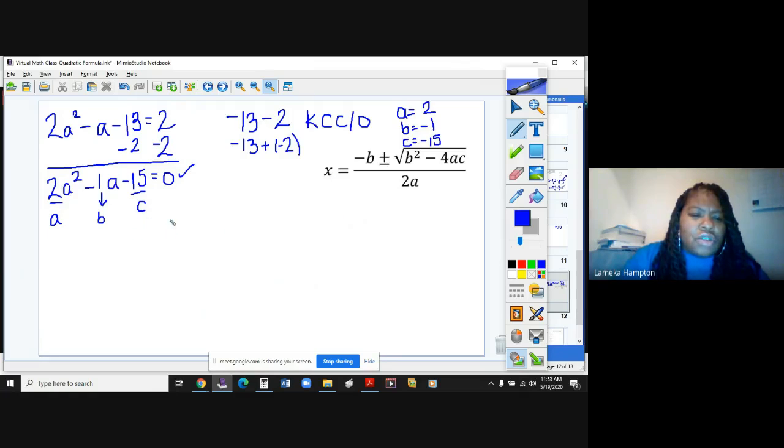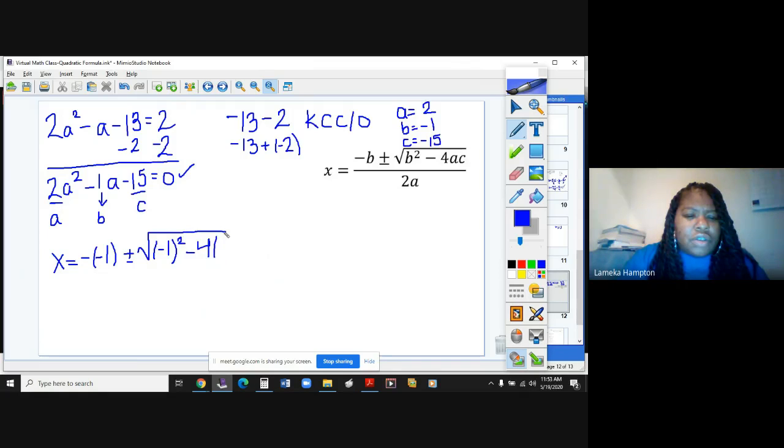All right. So I have x is equal to negative 1, because b is represented by negative 1, plus or minus, keep that straight, the square root of b squared, which is negative 1 squared, minus 4 times 2 times negative 15.